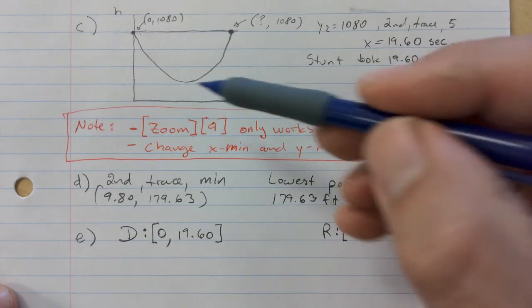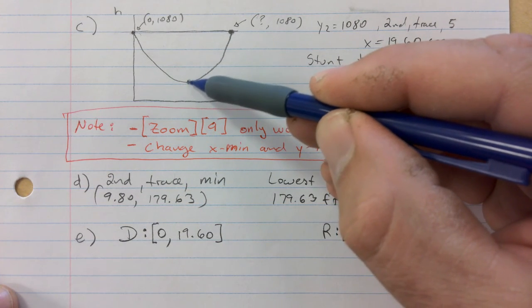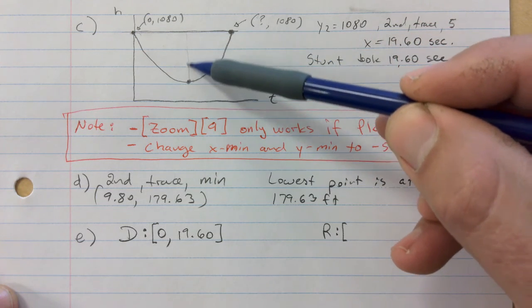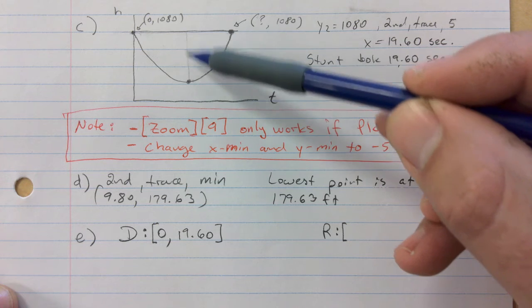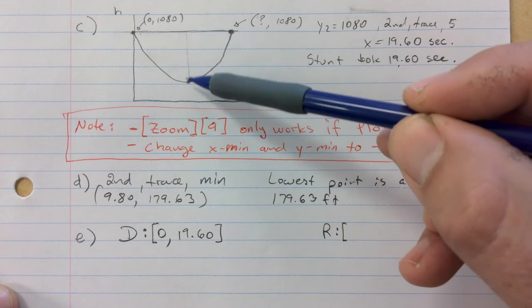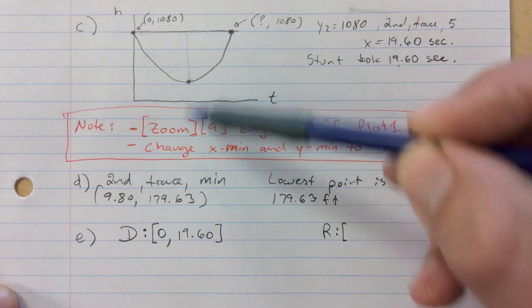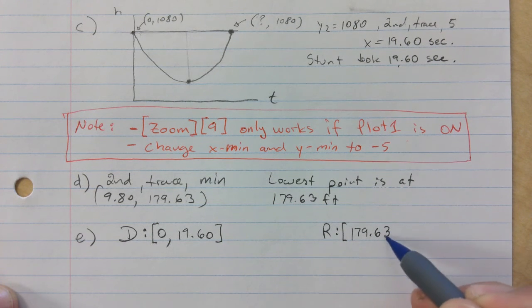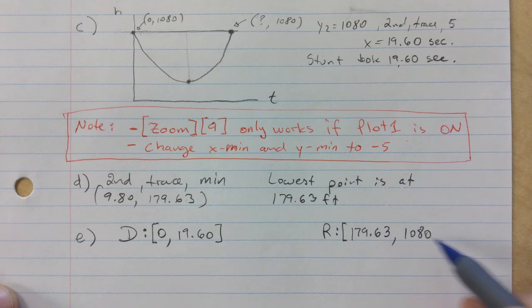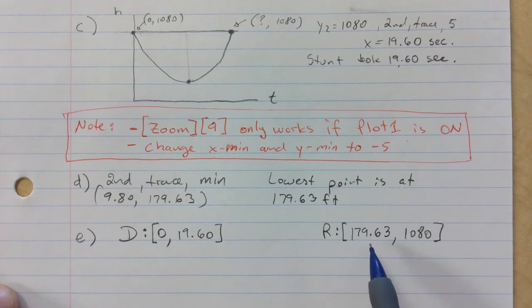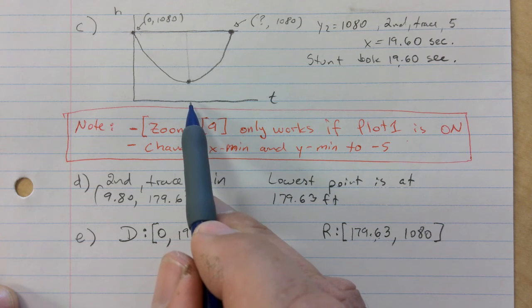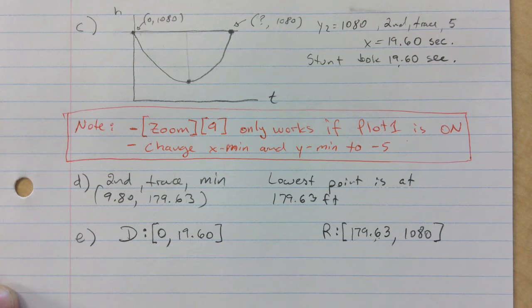My range is the height, right? So it goes from the initial height to the lowest point. It's the height differences between these 2 points. This is the lowest, so that's what we're going to start with, 179.63 to the highest point of 1,080. You have to be very careful. The lowest always goes first. And you never hit the ground, right? So there's no 0 here.